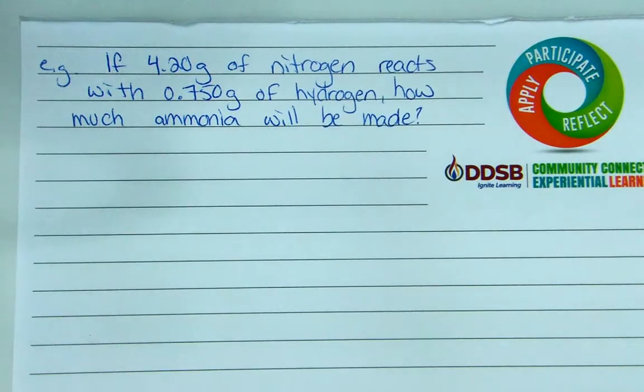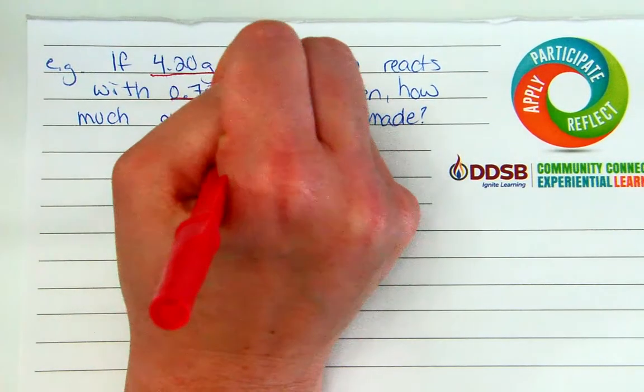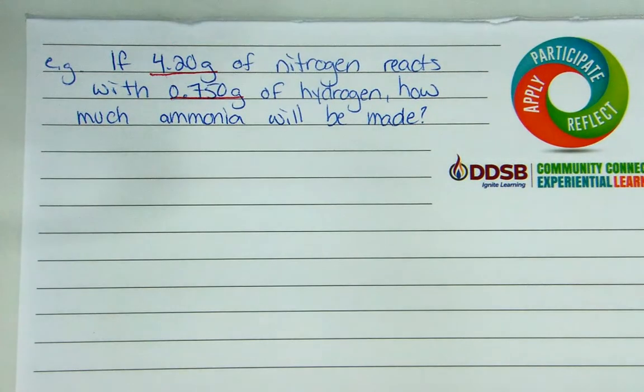So our question is, if 4.20 grams of nitrogen reacts with 0.750 grams of hydrogen, how much ammonia will be made? And right off the bat, I notice I'm given the mass of both of my reactants, so one of them will be limiting.